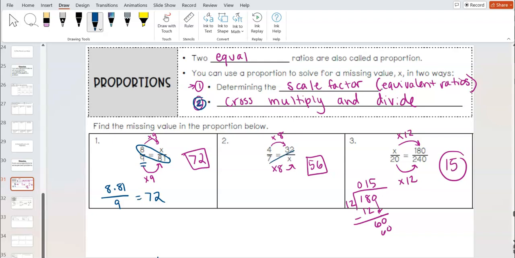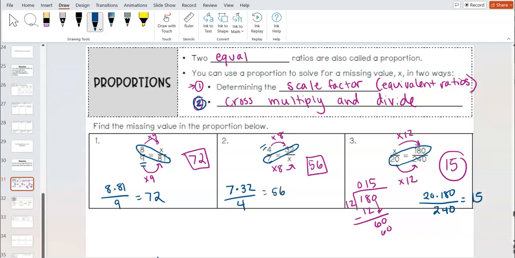In this problem, I'm going to multiply the two numbers that are diagonal and then divide by the third one. So 7 times 32 divided by 4. And then in this way, I would again multiply the two numbers that are diagonal, 20 times 180, and then divide by 240. And that's going to get me 15.